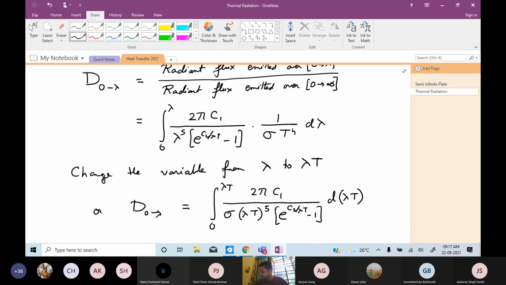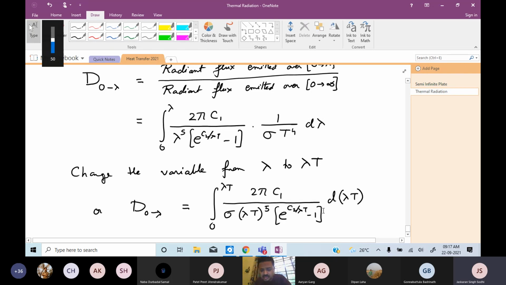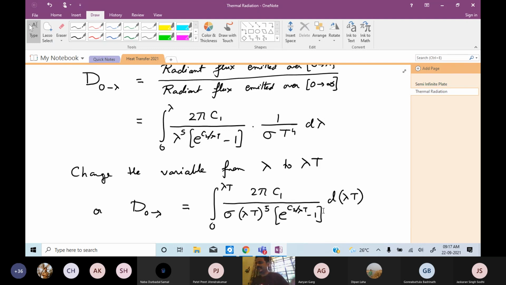It is c2 over lambda T. Yeah, the whole reason why we did this substitution is because in Planck's law you have lambda T. That's all.